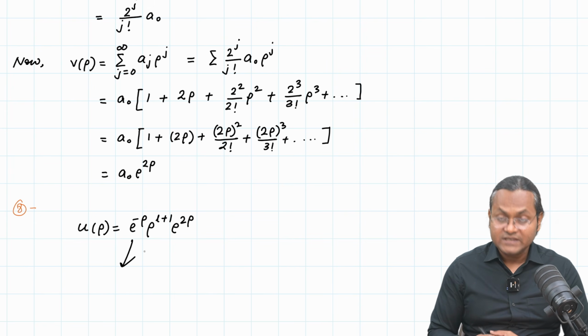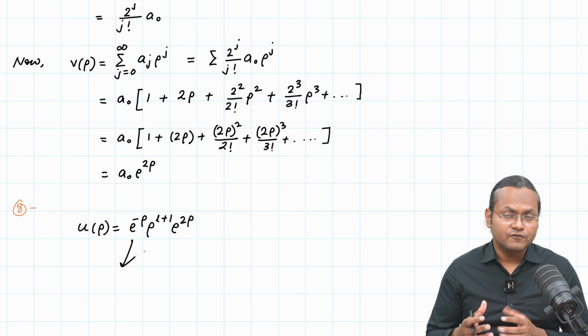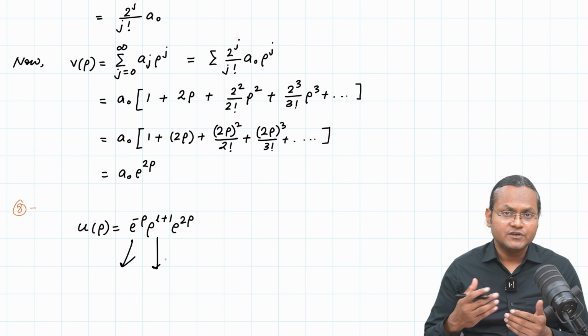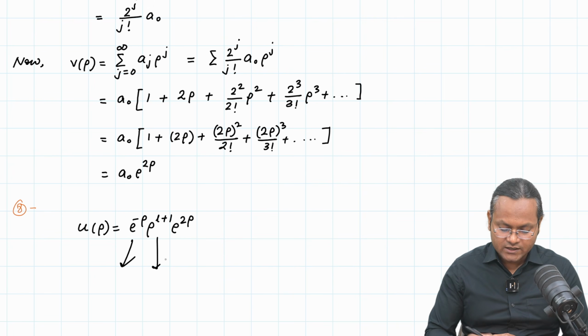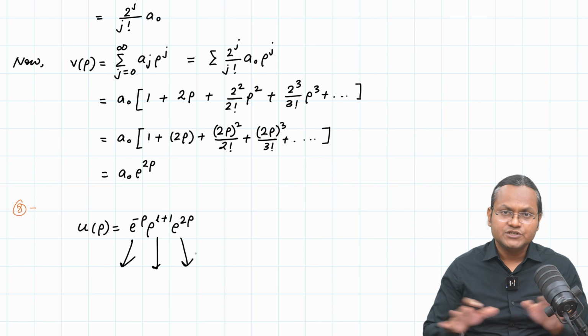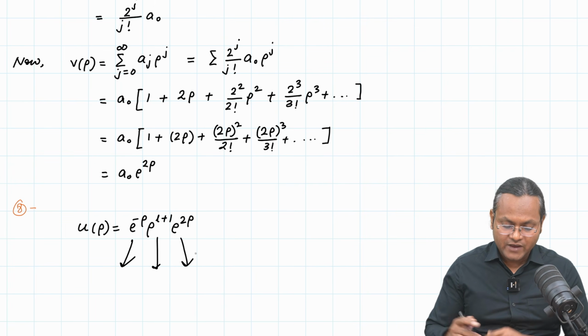Here, the first term gave us the behavior of the function for very large values of radius. The second term gave us the behavior of the function for very small values of radius. And this is effectively the stitching function that bridges the gap between small and large values of r.